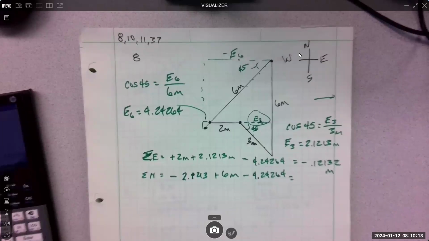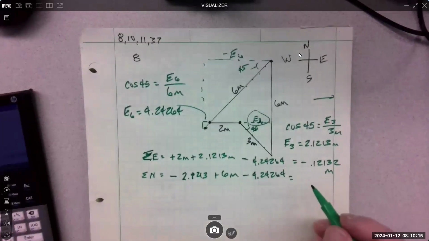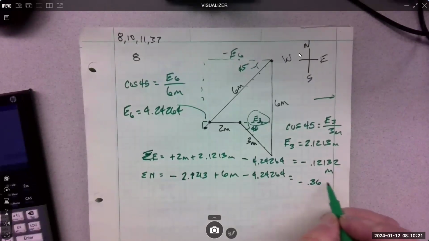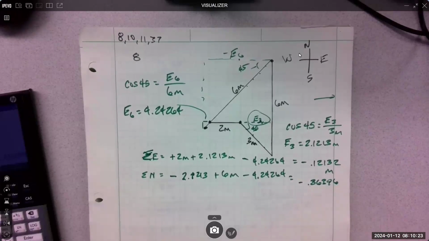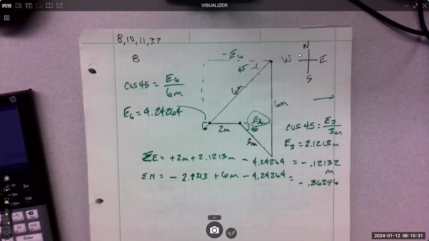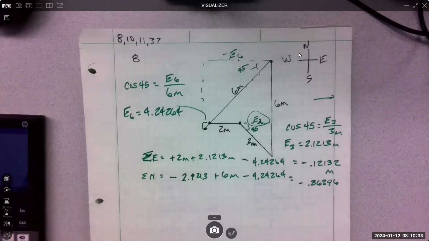So, what number did we get? Negative 0.36396. Juan, you close to that? Sean, you close to that? Okay. Negative sign, so it's a little off, but a bit. You have her in Kentucky or something.